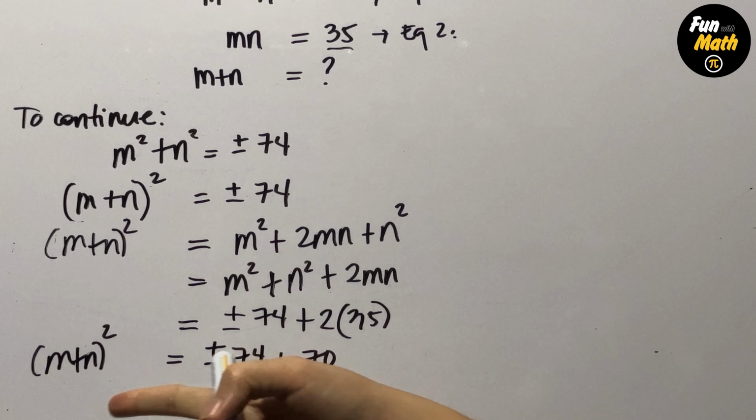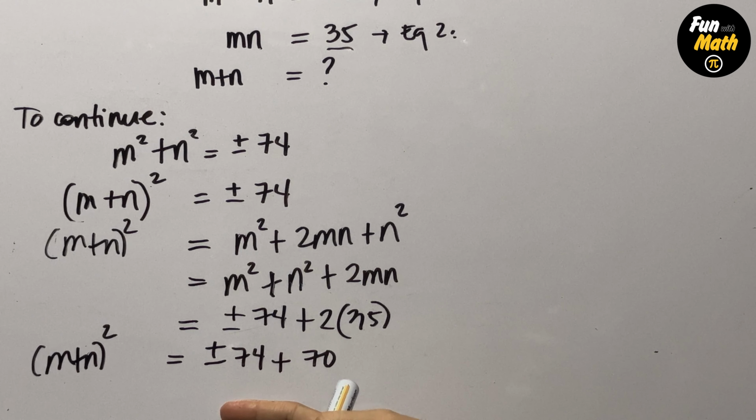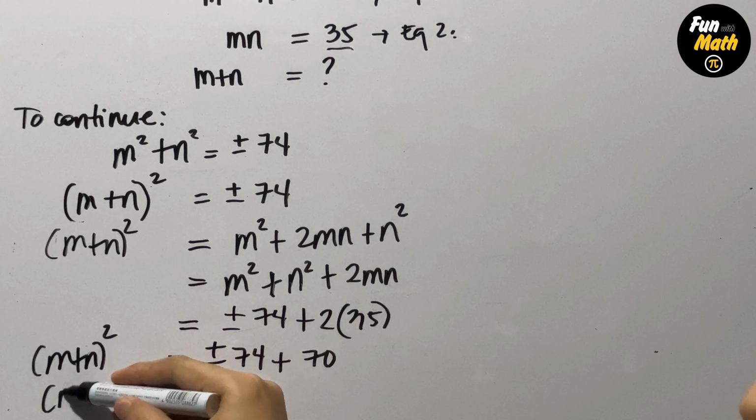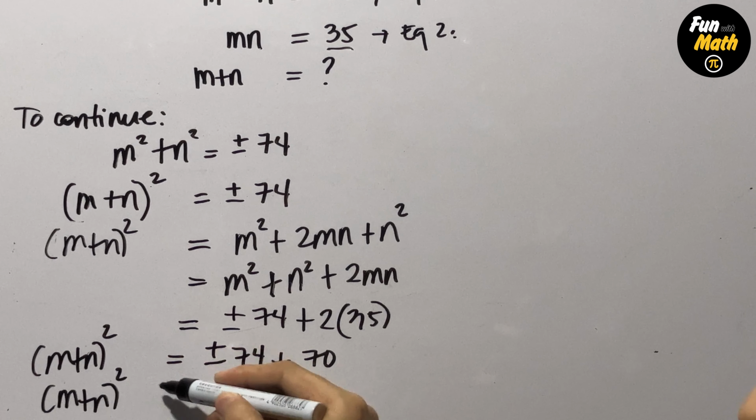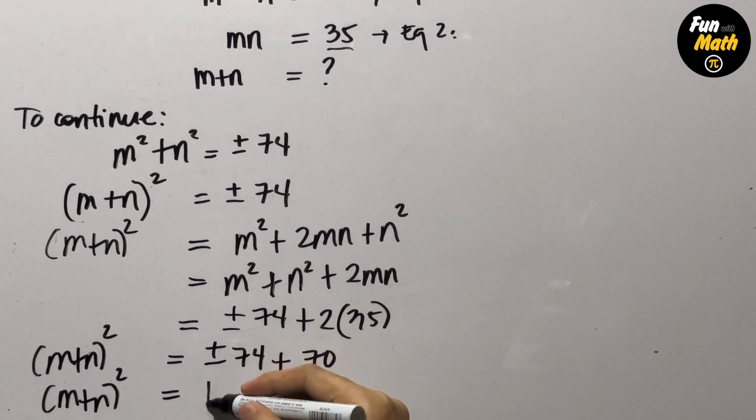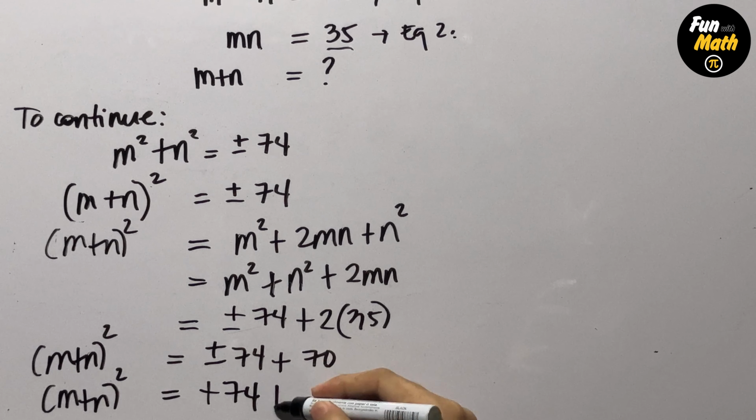Now for this, we can have two solutions since this is positive or negative. So first is the positive, and that is m plus n squared equals positive 74 plus 70.